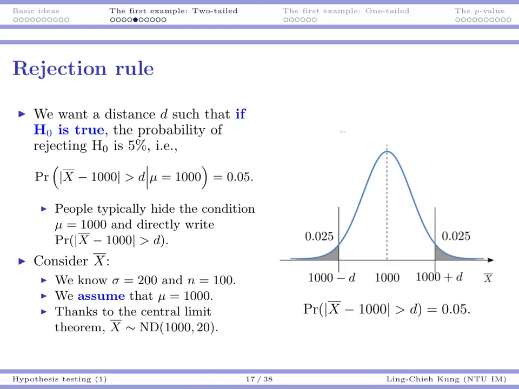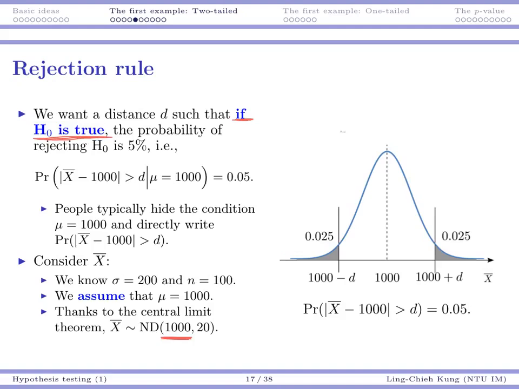Anyway, the key of calculation is that x bar is a random variable, and we know its probability distribution. That's the critical thing. So we know that sigma is 200, n is 100, and we have assumed that mu is 1000. So if mu is really 1000, then x bar would also have 1000 as its mean.